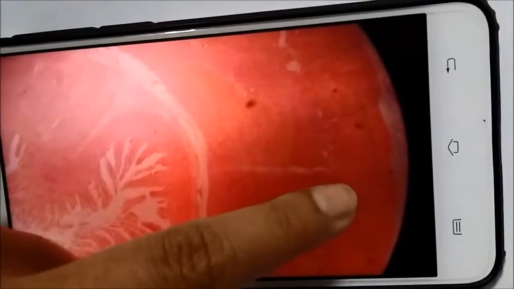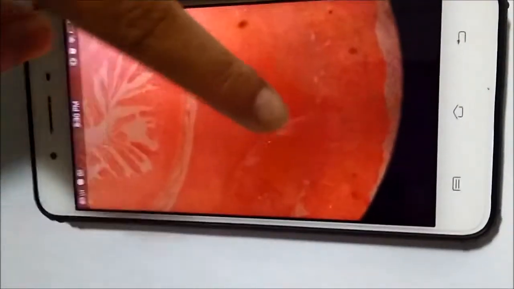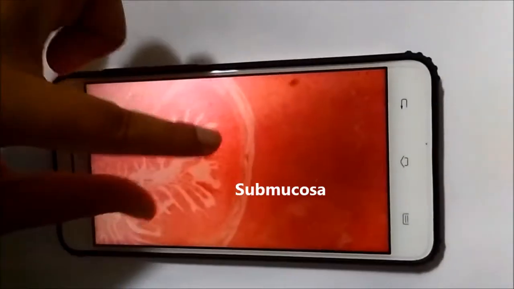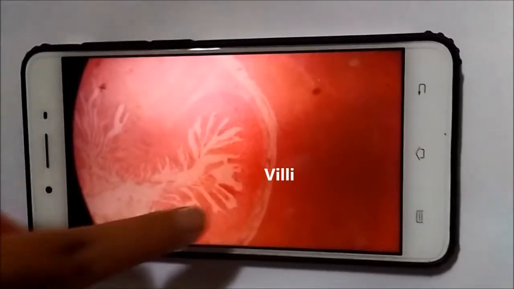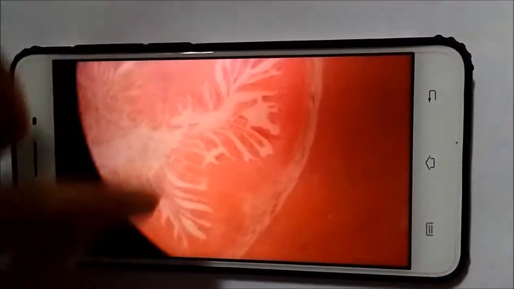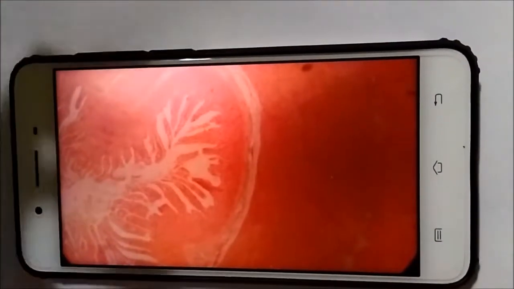We can see the muscularis externa, which is the serosa. This is the first layer, and this is the second layer. The second layer is the muscularis interna, and this is the submucosa, and we can see the villi here, and also the mucosa, and in the mucosa it has a mucosal gland.